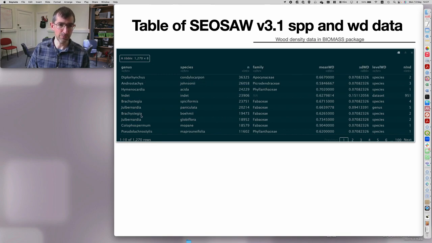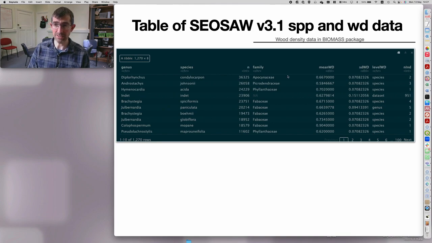You can see the miombo coming in and the mapani at the bottom, 18,000 of those. But then if you look across here, number of individuals, this is how many measurements of wood density are in the database. And you can ignore 951 because that's our undetermined species. There's only 2 for Diploronicus condylocarpon, even though that's our most popular species that we've measured in the SEOSAW database.